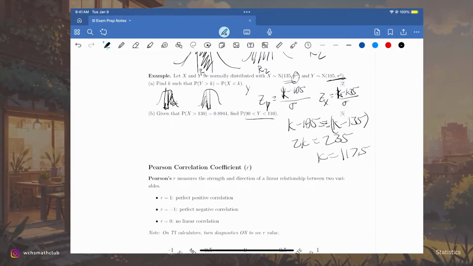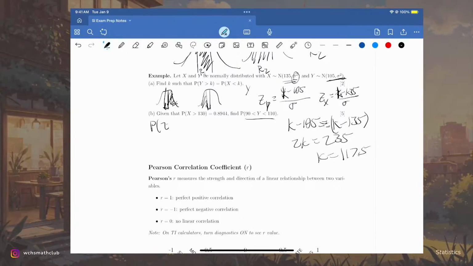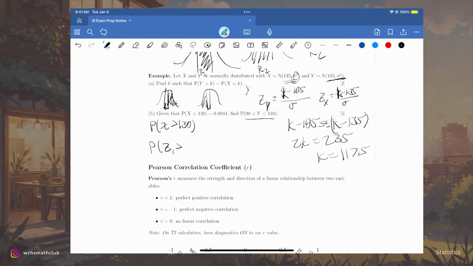Remember, we're trying to find our deviation right now, so we use the Z-score strategy from earlier. And this would be the same as P(Z is greater than whatever). I want to find what this whatever is.